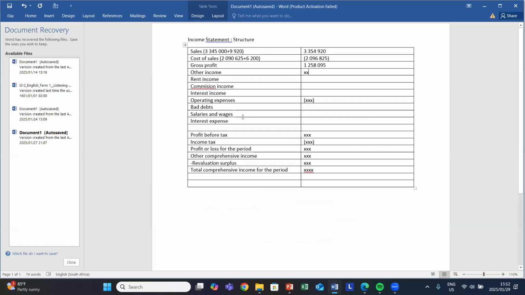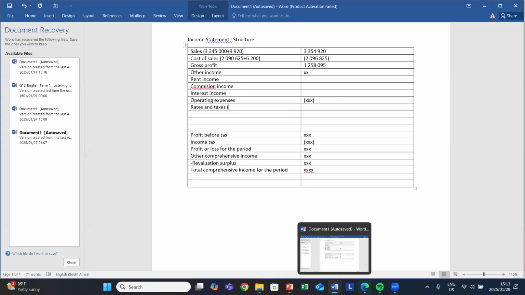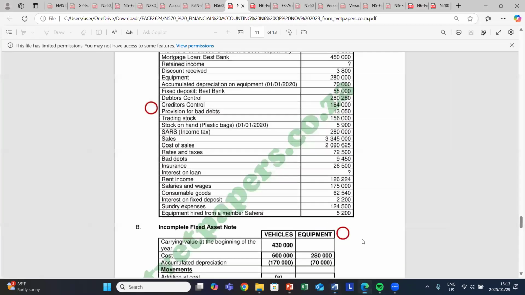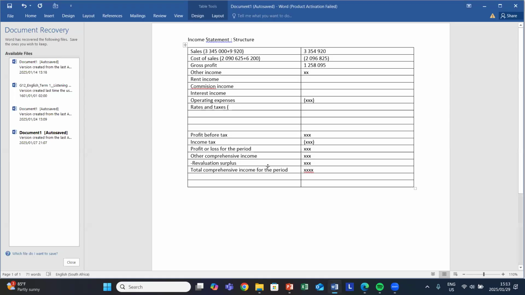Let us minus this one that you wrote here. Written taxes was 72,000, 22,500. Let us also minus this income.